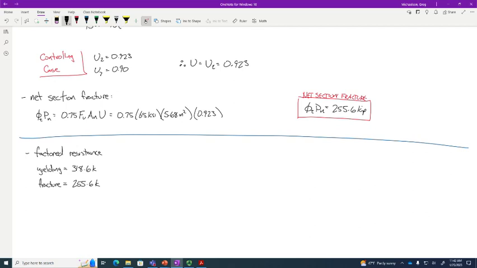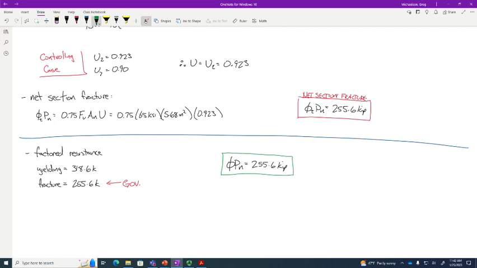This is what's going to control the behavior. This governs the design. So we say this governs, there's that word again, and the capacity is 255.6 kips.